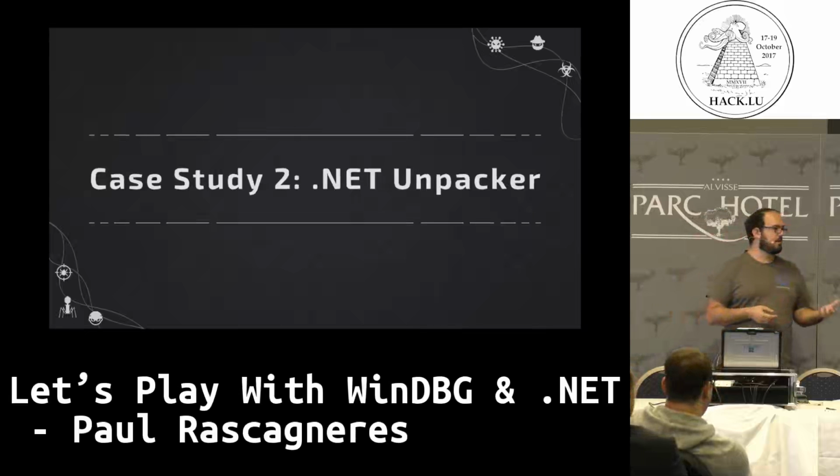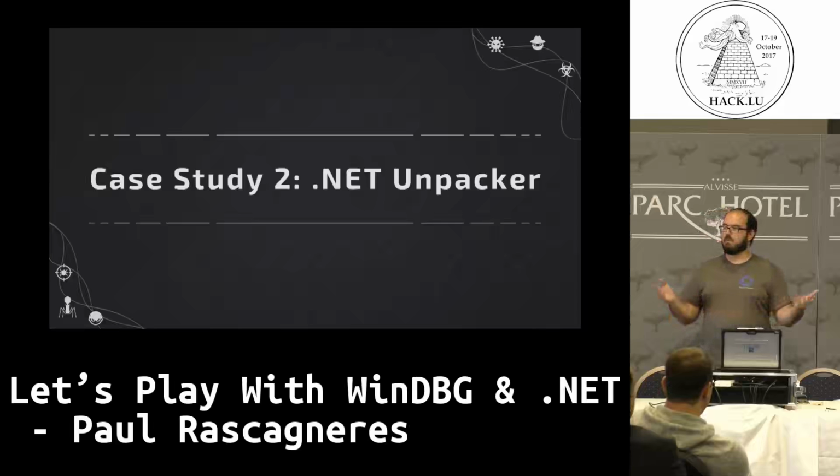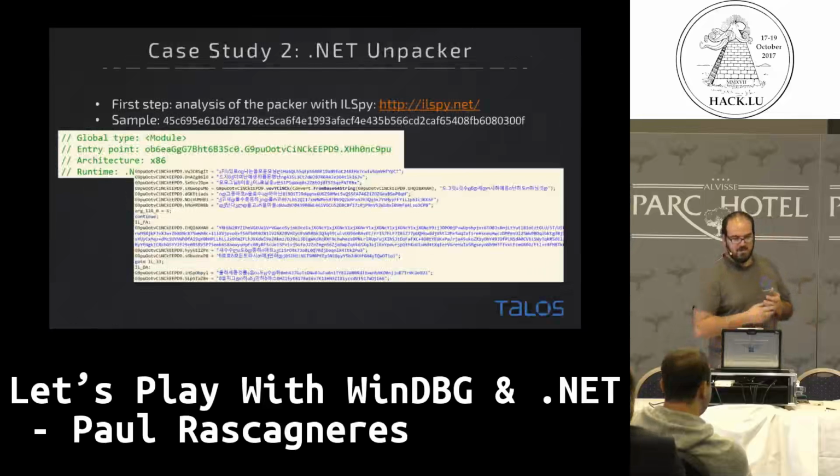And as I said, it's .NET, and I don't know for you, but I receive more and more crappy .NET packers. It simply unpacks stuff, decrypts, XORs, decompresses, or does what you want. And after you get a second PE file, and this PE file is loaded in memory and executed. It's more or less always the same philosophy, but not exactly the same obfuscation technique. Here is an example.